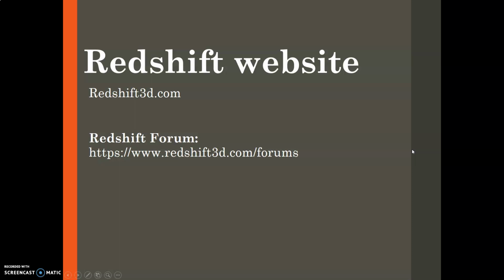Okay, now Redshift is kind of new if you compare that to V-Ray. V-Ray has been in the game for quite a while, so if you have any issue or bug, you can actually go to the Redshift forums and ask the people how to fix your technical issue.